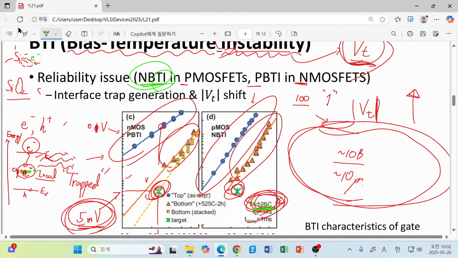For example, as time elapses, how fast does this threshold voltage instability increase? This is quite a basic question.